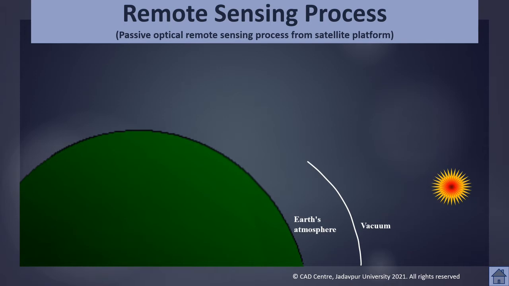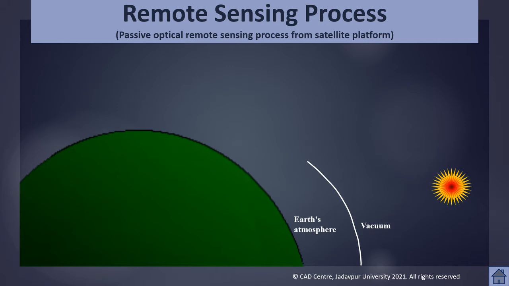Now, optical, what does it mean by optical? Optical means it is basically the optical region of the electromagnetic spectrum. In different regions of the electromagnetic spectrum, we need to use different types of instruments for remote sensing. In this slide, we shall discuss initially the optical remote sensing. So, passive optical remote sensing.